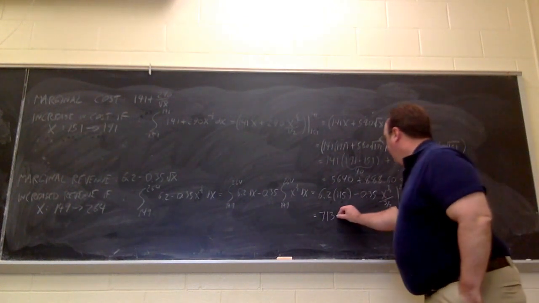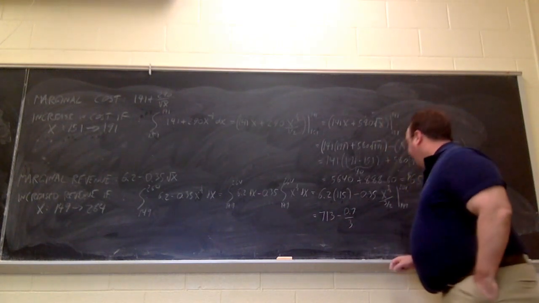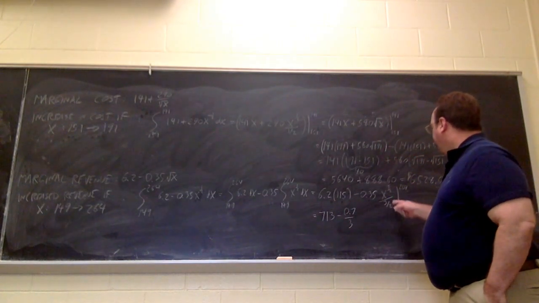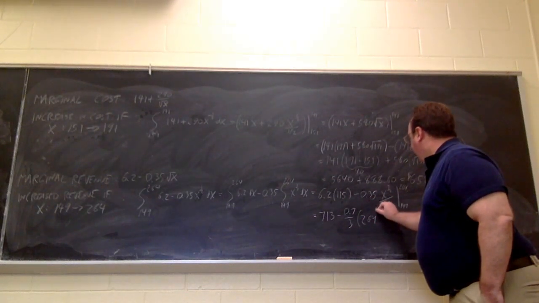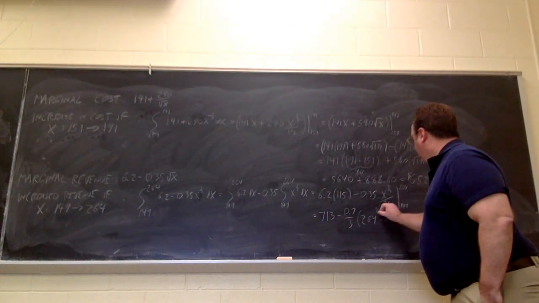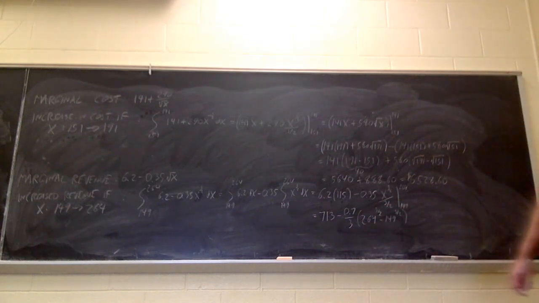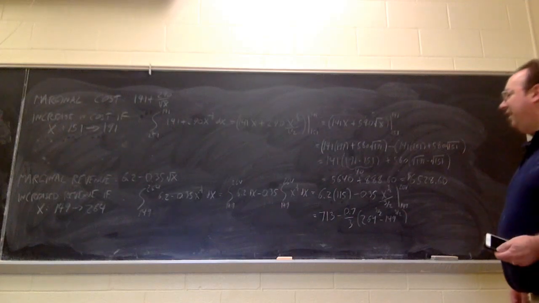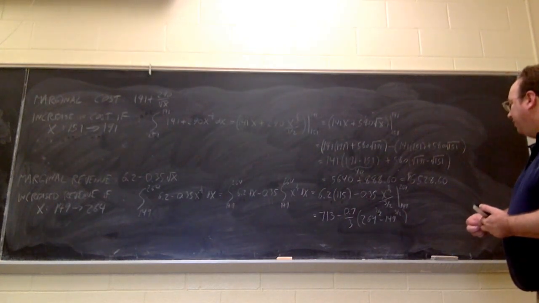So that's going to be minus 0.7 divided by 3. I don't feel like dealing with repeated decimals at this point. And I'm going to have 264 to the 3/2 minus 149 to the 3/2. All right, so now we're going to be subtracting something off here, so hopefully what we'll get is still something that is at least positive.